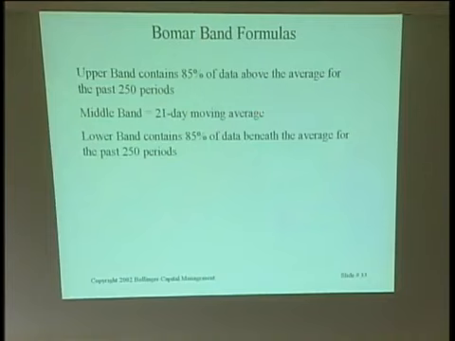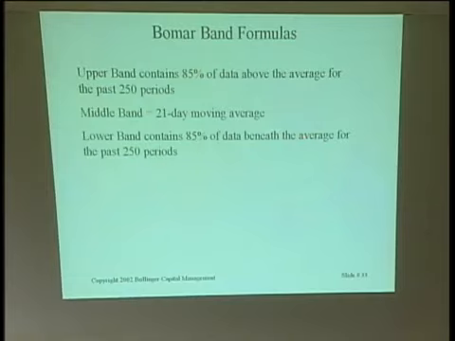The middle band, he used a 21-day moving average. The lower band contains 85% of the data beneath the average, again for the same look-back period. And I think the real problem with BOBB bands is the look-back period is so long, a year. Stock prices are more adaptive than that, and we need a shorter look-back period.